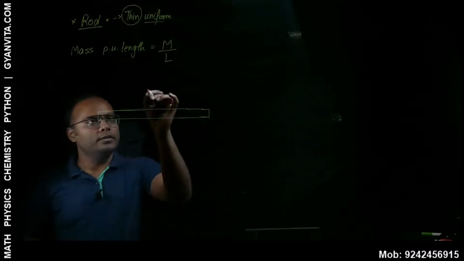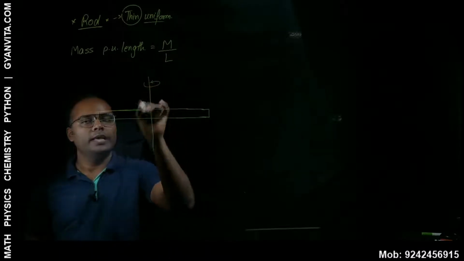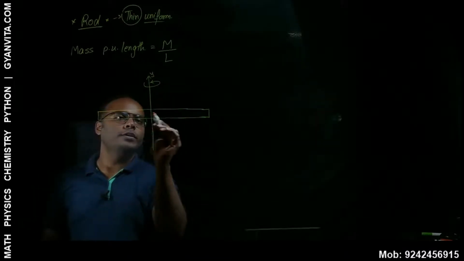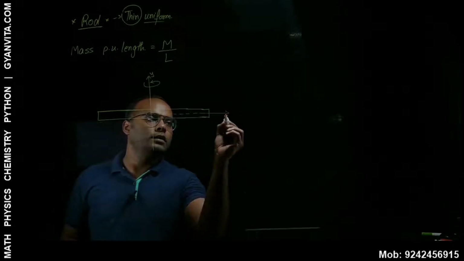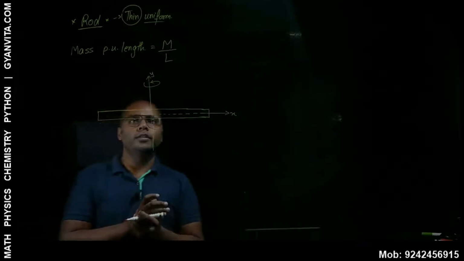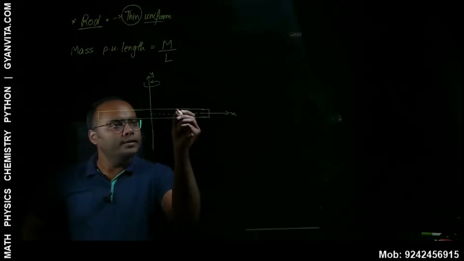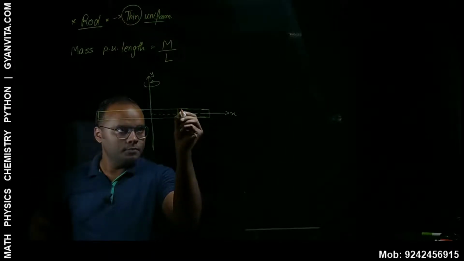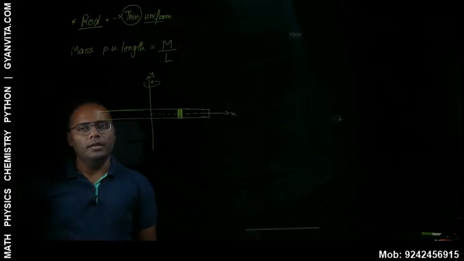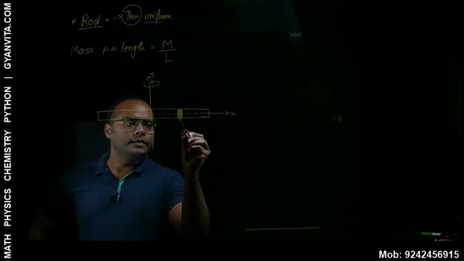Consider an axis here, say along the y axis, and this will be your x axis. Suppose we have to find the moment of inertia of this. I take a small segment of the rod with some length dx.